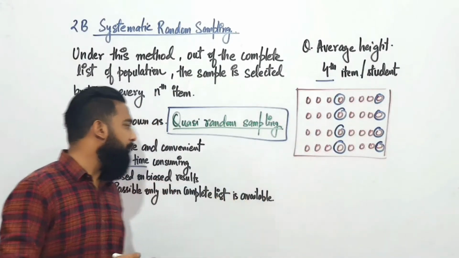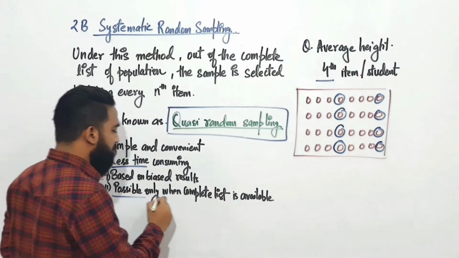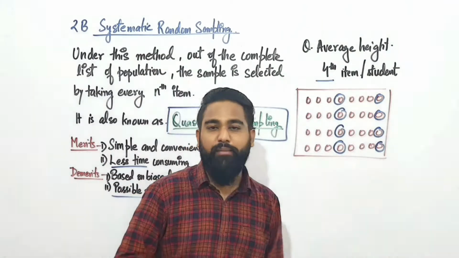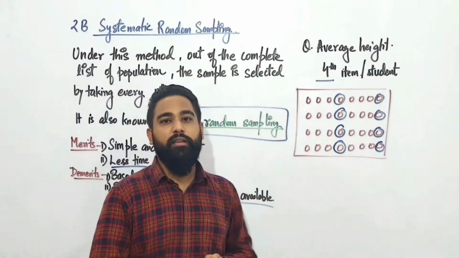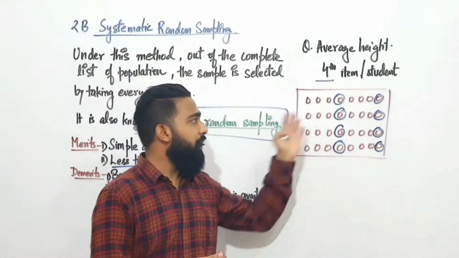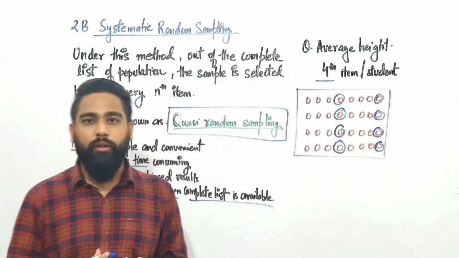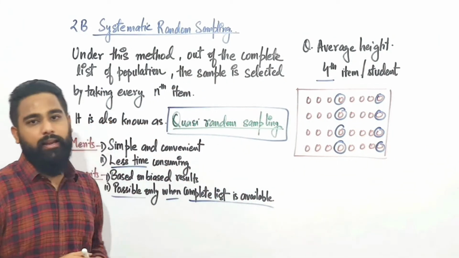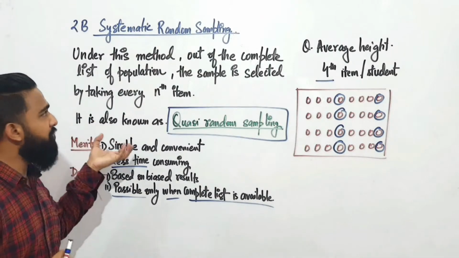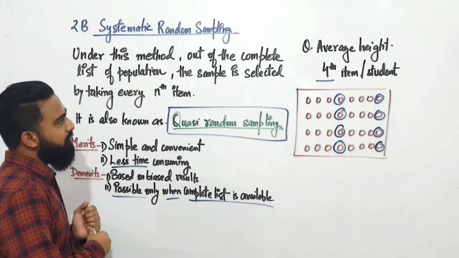So it can be biased, and it is possible only when the complete list is available. If the complete list is available, only then I can conduct this inquiry. Suppose a few students are absent, then my inquiry will somewhat go wrong and it will again become less accurate. So this is your second subdivision, which is systematic random sampling.